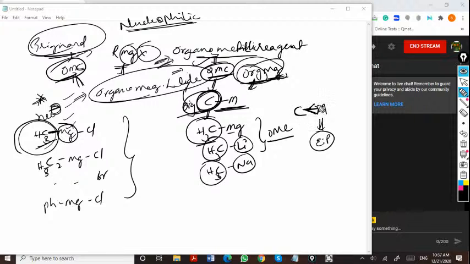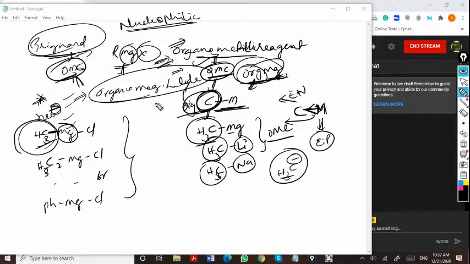Compared to metal, carbon is the more electronegative atom, so the bond shifts towards carbon, which makes the carbon negative. So whatever the alkyl group is, it will be more negative and will act as a nucleophile. That is the specialty of organometallic reagents.